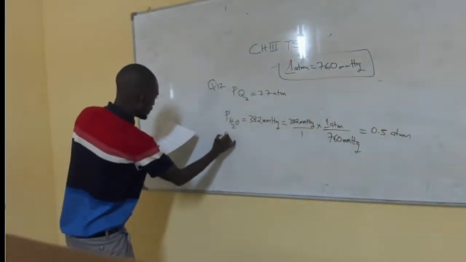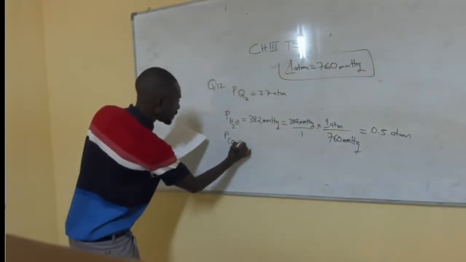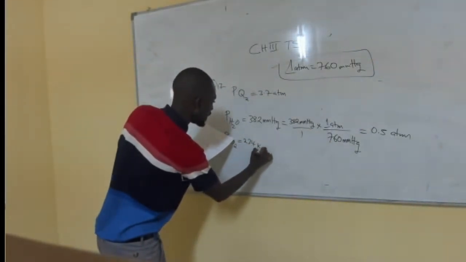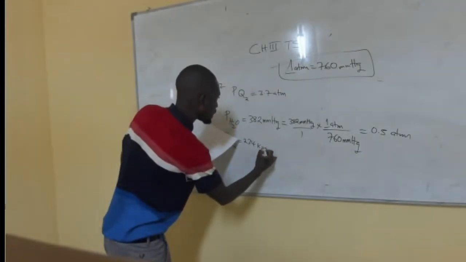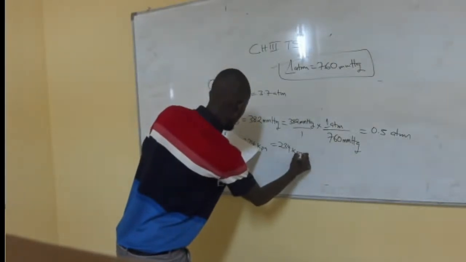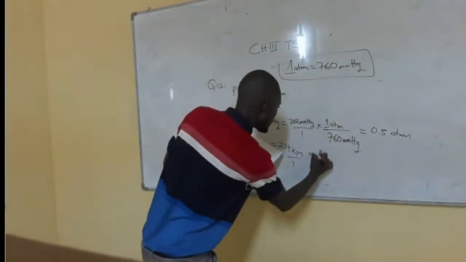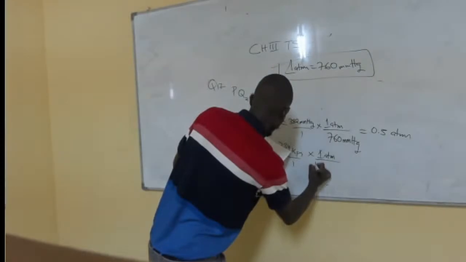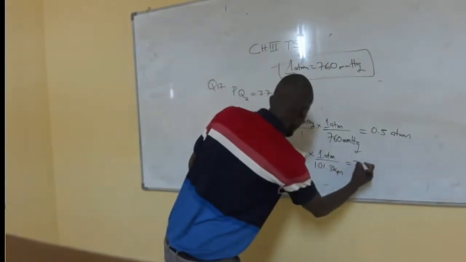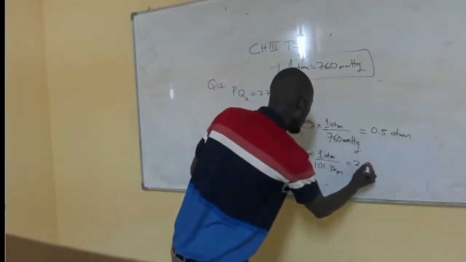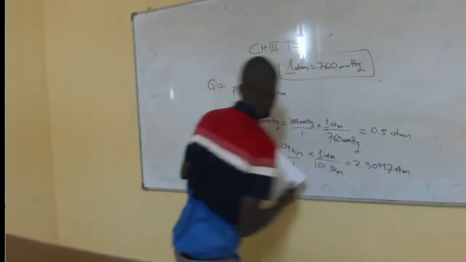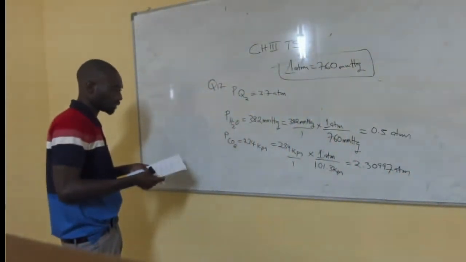Then for carbon dioxide, we have 234 kPa, which can be converted as 234 kPa over 1 times 1 atmosphere over 101.3 kPa, which equals 2.3097 atmosphere.